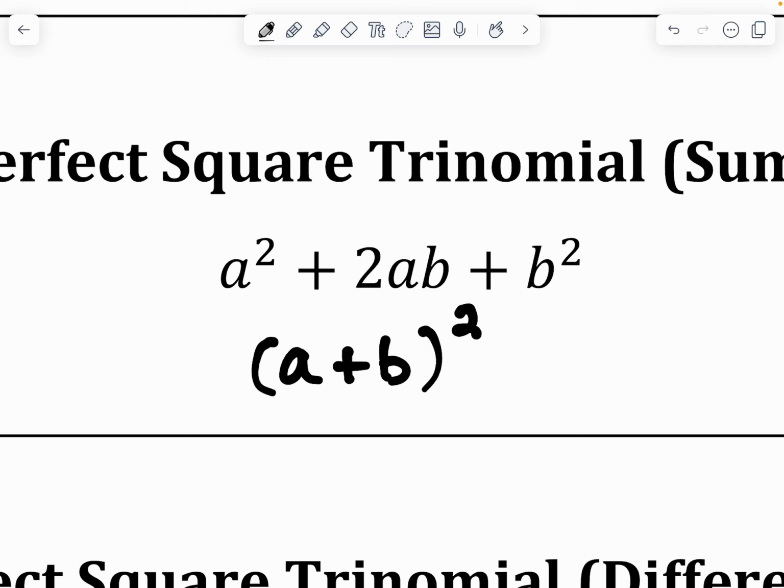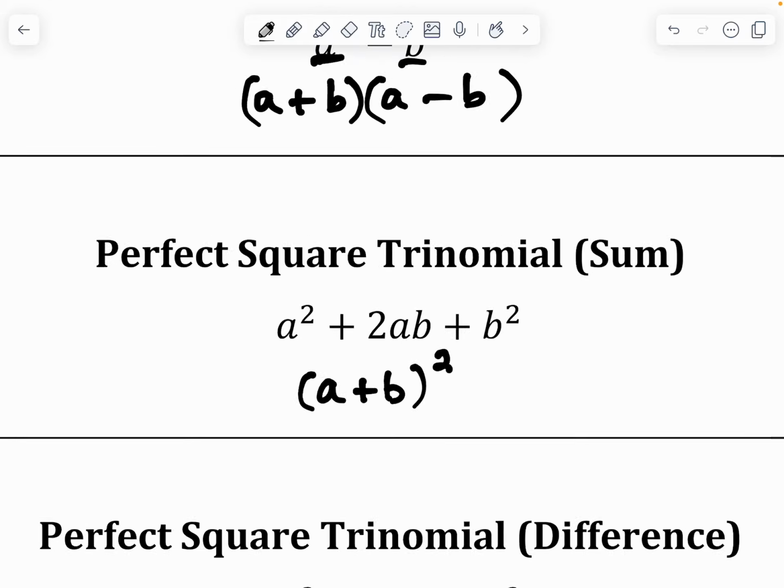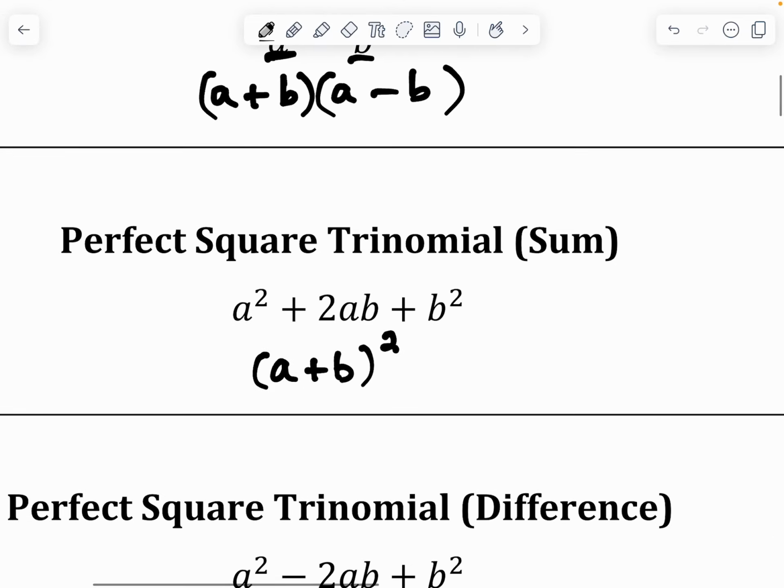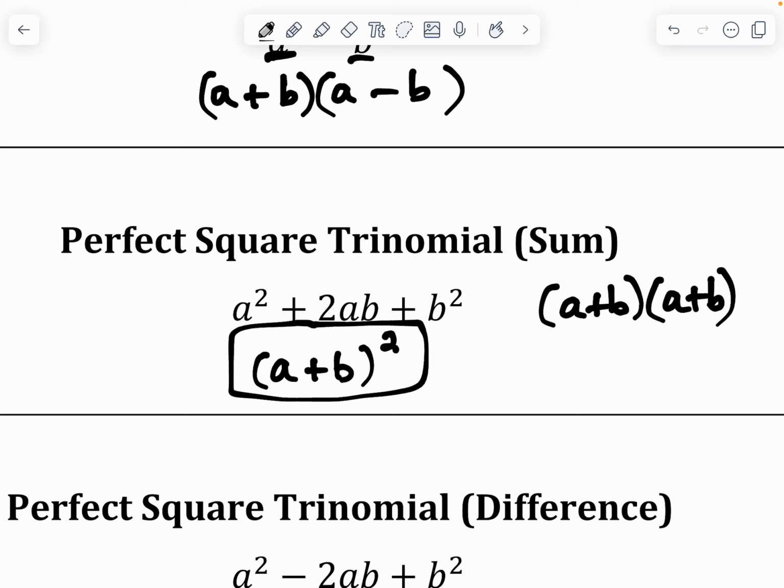That is how it factors. Now you could use your guess and check method to factor that out, and you're going to get a plus b and a plus b. But remember, a plus b is the same factor. So we want to write it like this, okay?